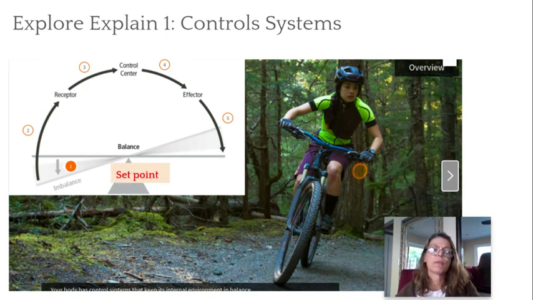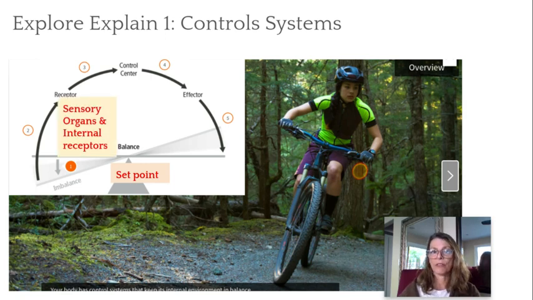And they use an example in your book about somebody riding their bike. So if you were riding your bike, you're physically balancing. If you hit a bump in the road or some change in the environment, that would be the stimulus. And then how you perceive that change in the environment, you have to have some sort of receptor to do that. So a lot of times that's your sensory organs.